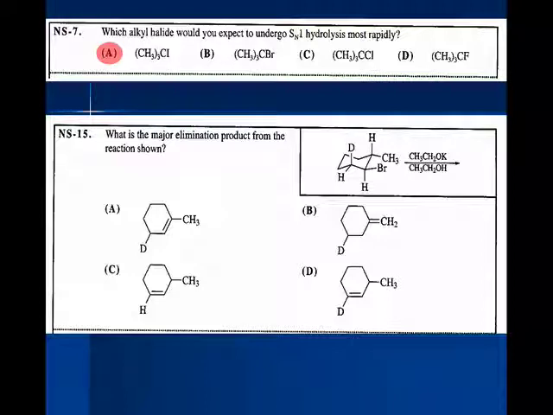E1 is favored by what? Tertiary alkyl halides, which here we have a secondary. Polar protic solvent. And does the base have to be strong? No. How about E2?